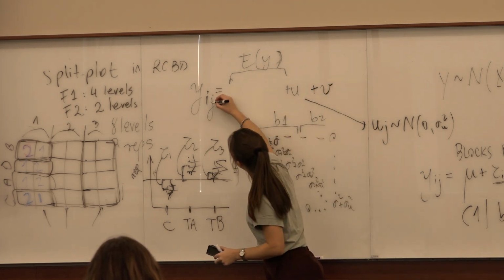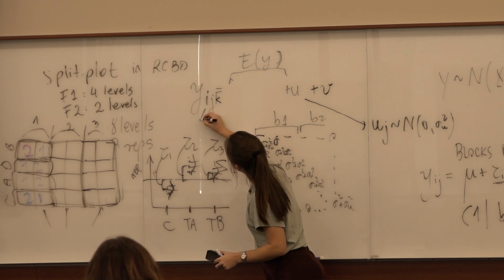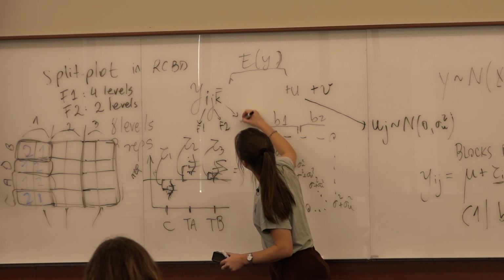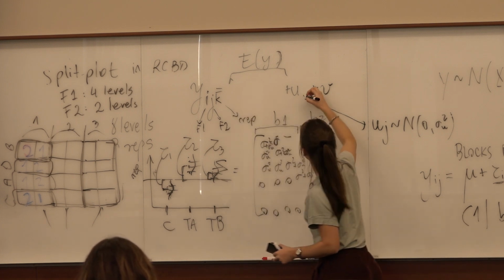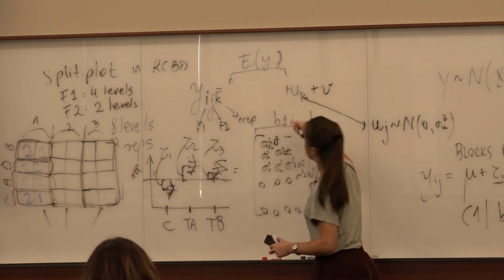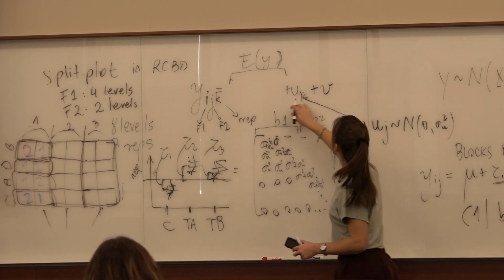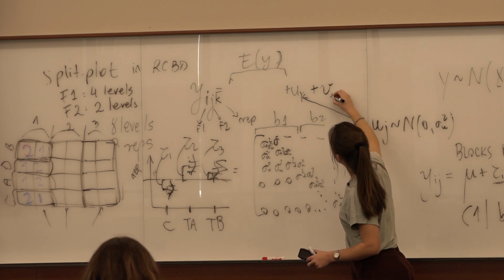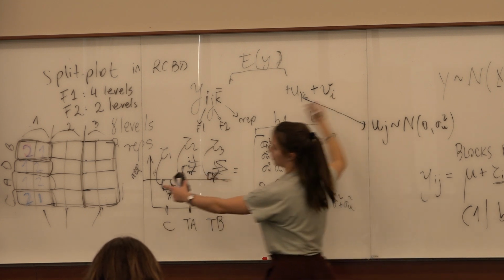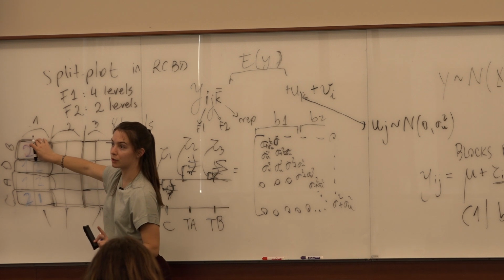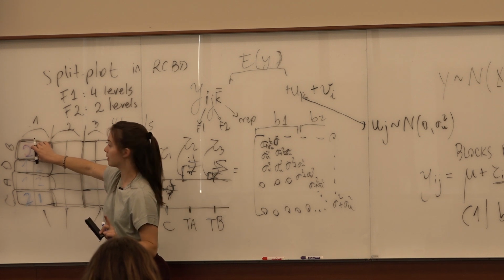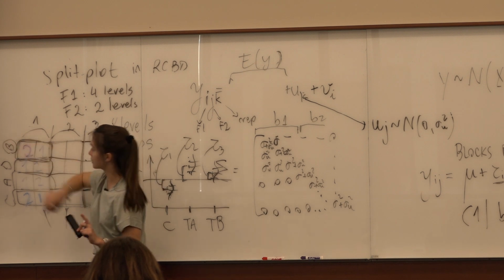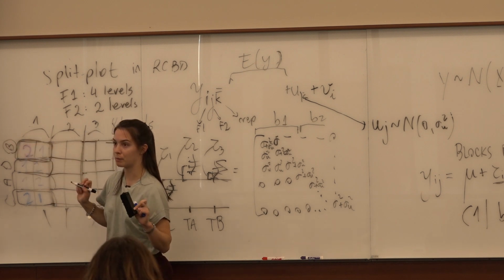if this is i, j, k, i is factor 1, j is factor 2, and k is the repetition. The kth block. The ith. Now we're referencing the mini blocks, right? So this is, for example, the name of that mini block.